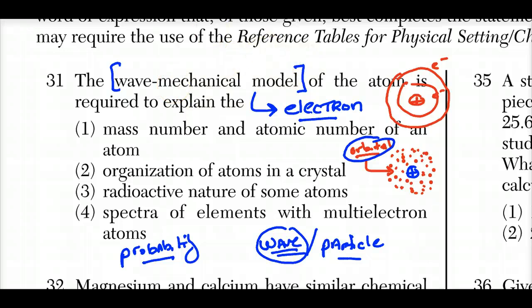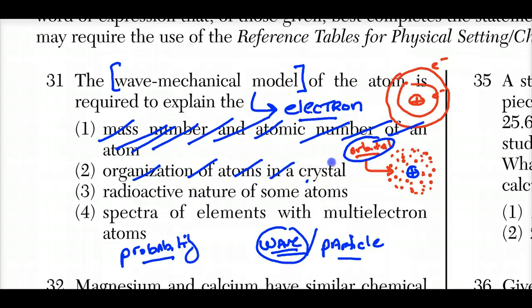Let's go back to the question, okay? So the wave mechanical model of the atom is required to explain the mass number and the atomic number. No, those are earlier work. Moseley and his X-rays, okay, K lines was done there. Organization of atoms in a crystal. No, that was more done with shooting X-rays through crystals, X-ray crystallography, like how we came up with the structure of DNA.